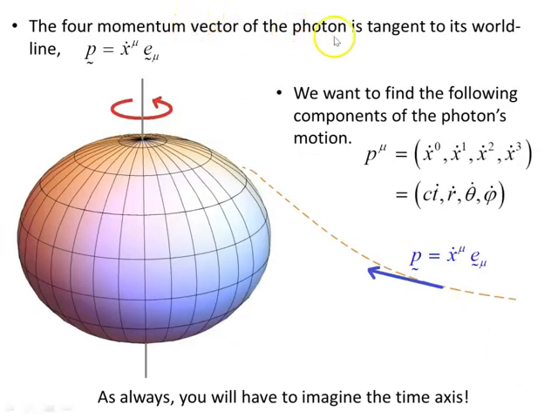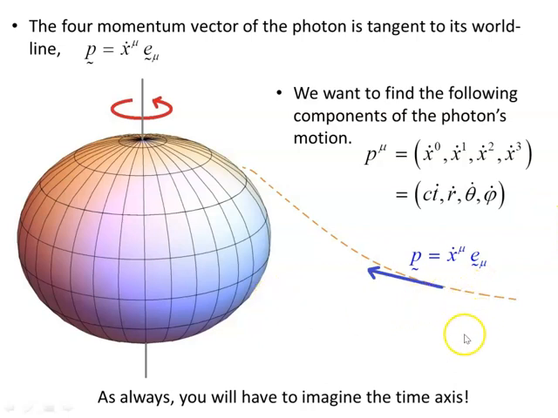The four-momentum vector of the photon is tangent to its world line. So here's our four-momentum vector, expanded in terms of the basis vectors, multiplying each of the relevant components, the derivatives of each of the coordinates. The P mu components are x dot 0 and so on. In this particular case, we're going to use the Boyer-Lindquist coordinates, ct, r, theta, and phi, and the derivatives of those.